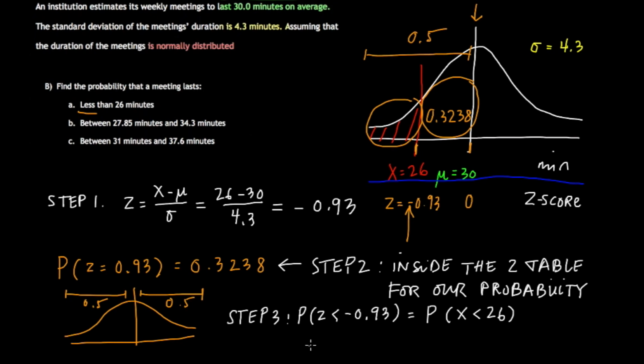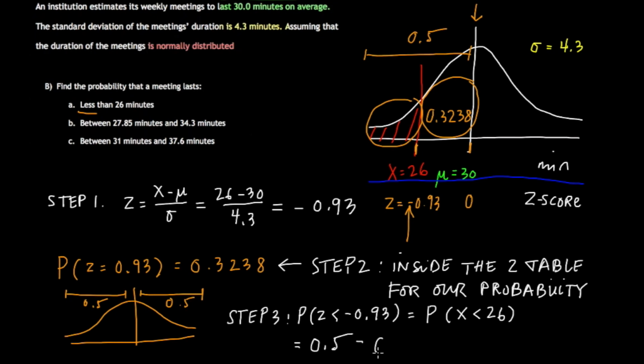And to solve for this, it's simply equal to 0.5, which is the total half. Okay, so the left-hand side half, well, left or right, in this case, the left-hand side half. It's 0.5 minus what we found right here, because the probabilities that we find in step 2 are plotted in relationship to the mean. Okay, so we start from the center and then we go left or right.